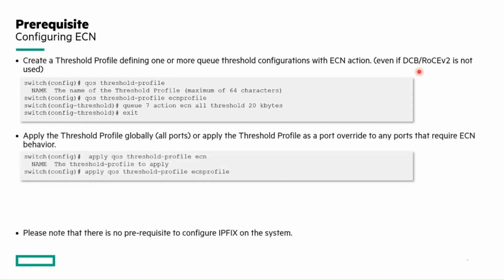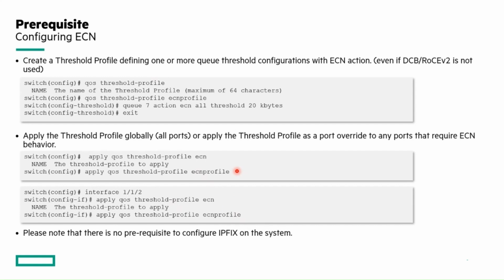Then you can apply the threshold profile globally on all ports, or apply the threshold profile as a specific port override to any ports that require ECN behavior. For this purpose, you can use this particular command to assign this ECN profile. This is at the system level, and then once again at the interface level, you can go into the interface context to assign this particular profile.